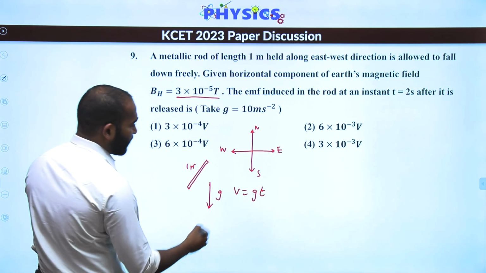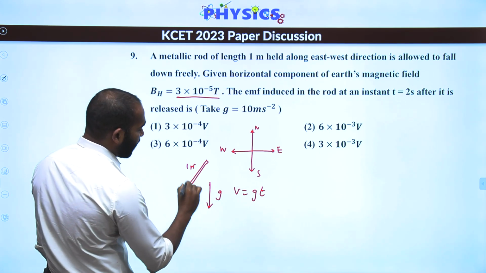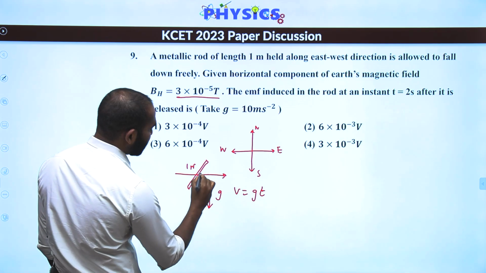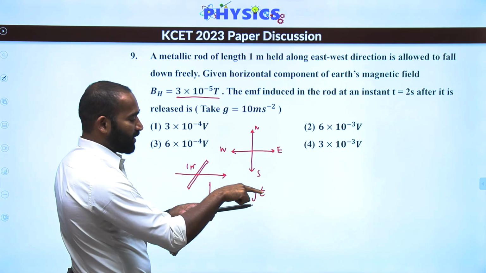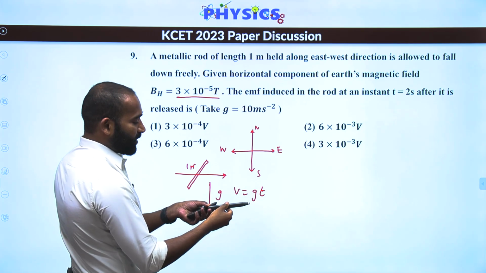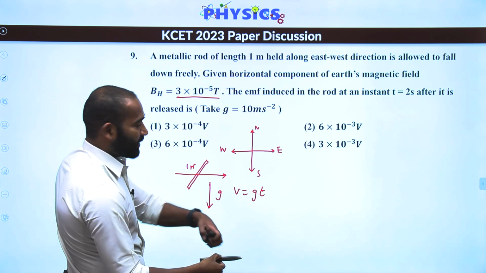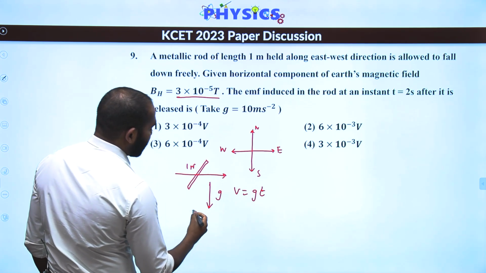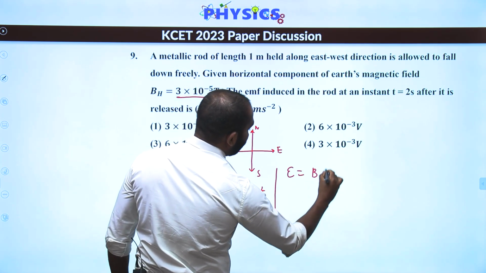So for the induced EMF, because the velocity is downwards, which is perpendicular to the horizontal magnetic field, imagine this is the horizontal magnetic field, and your rod is going down like that. In that case the induced EMF would be the formula we know, BLV.